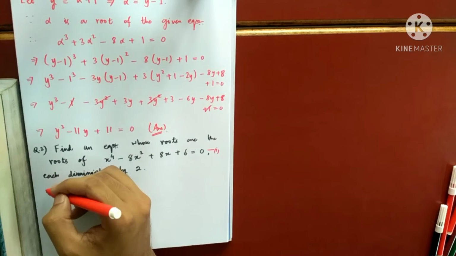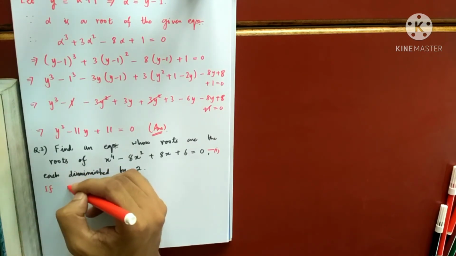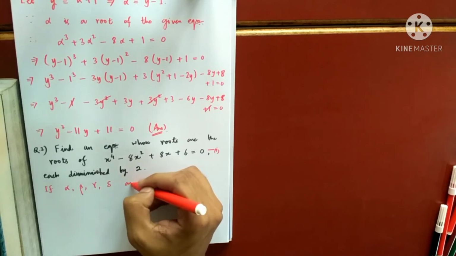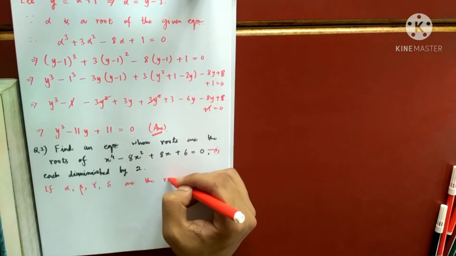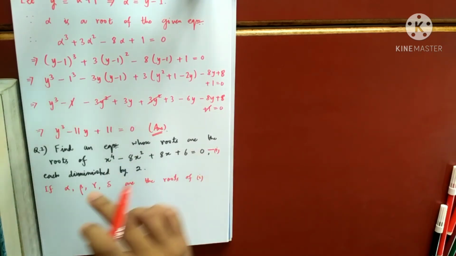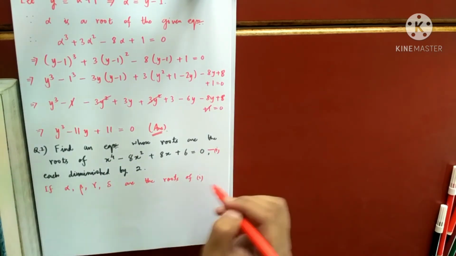So if I call this equation 1, so if alpha, beta, gamma, delta are the roots of 1, because it is of degree 4, it is going to have 4 roots.